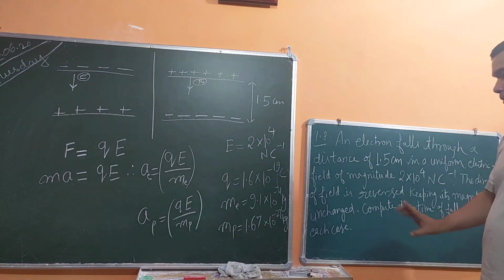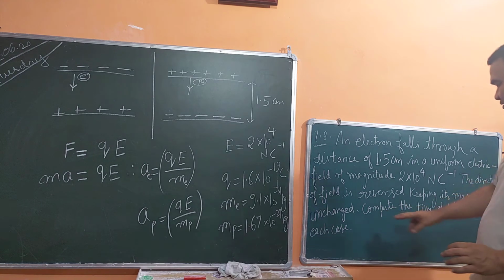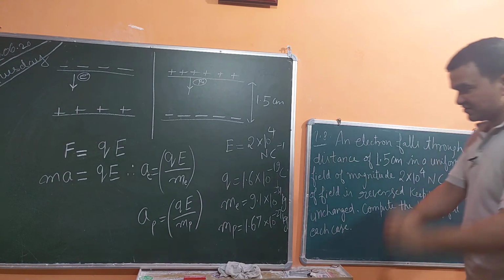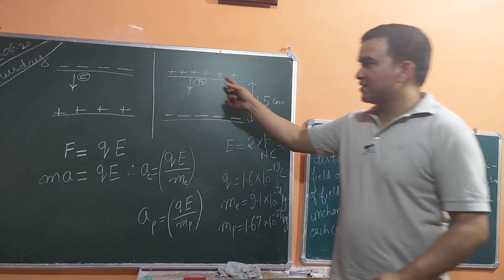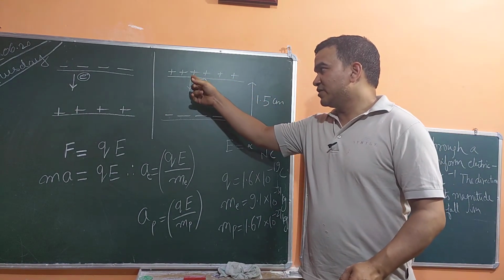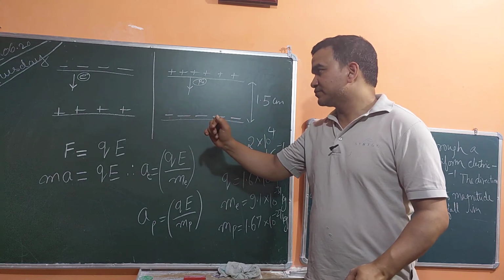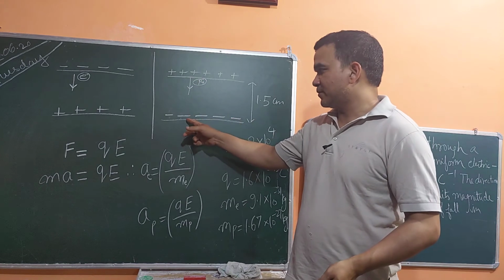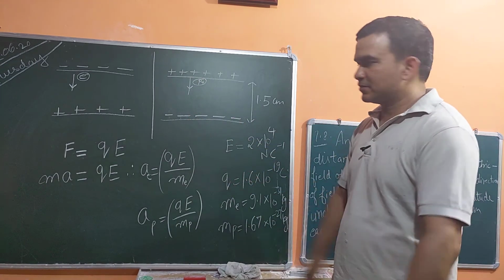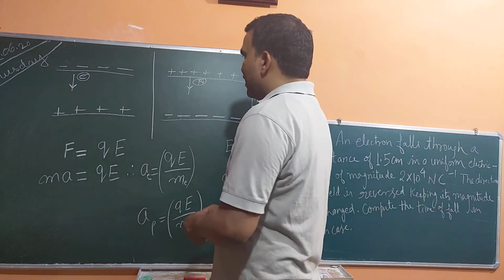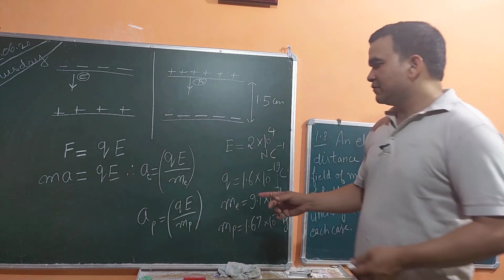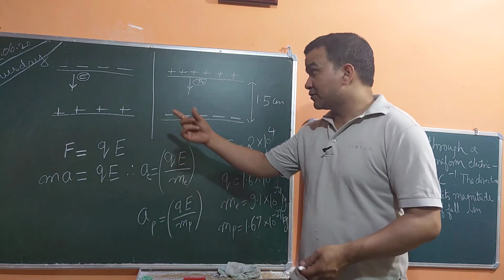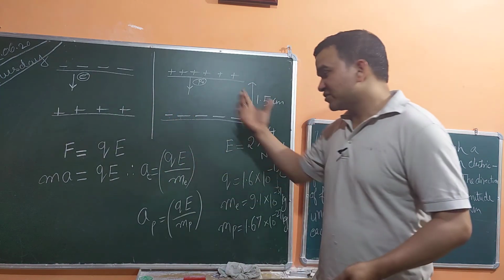All right, but in this question, what has been asked? The time of fall in each case. So how much time is it taking from this point to this point? As we can see, the value of acceleration is constant for electrons and for protons respectively.